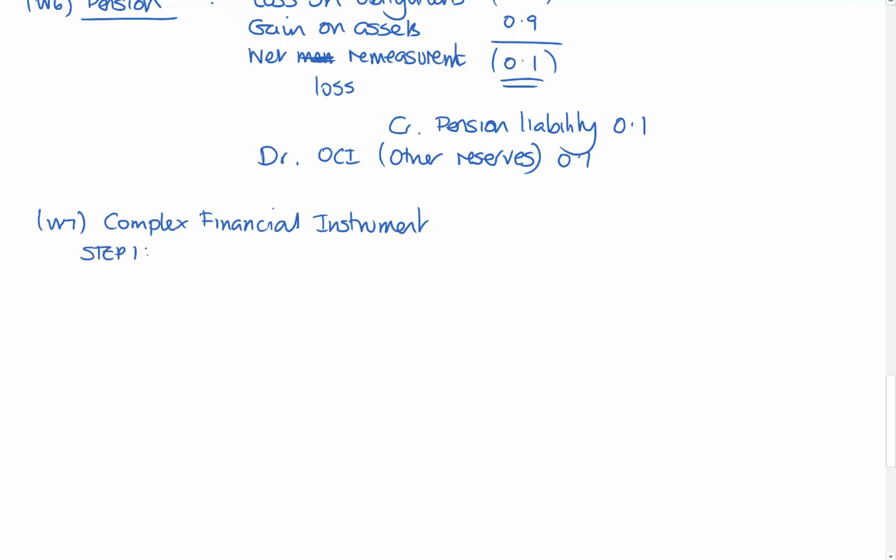And step 1 when dealing with it, we calculate the bond element. Now, I wouldn't go into this degree of narrative if I was answering an exam question, but this is for tutorial purposes as much as anything else.